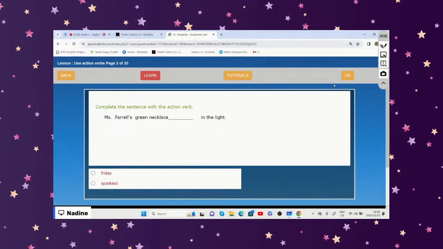The next one says Miss Farrell's green necklace. Do we say Friday in the light or sparkled in the light? A necklace, a green necklace.